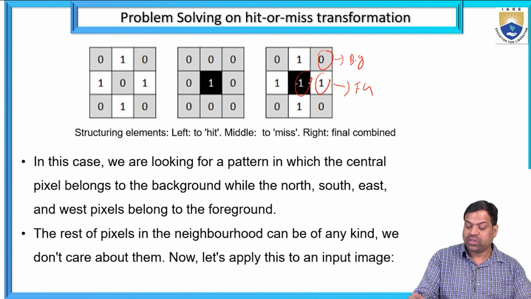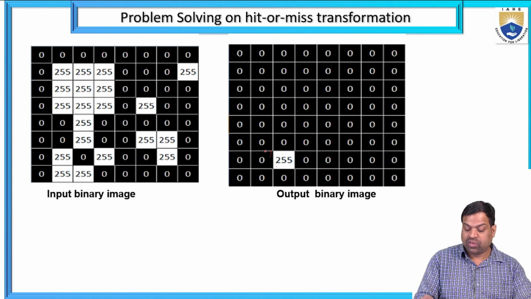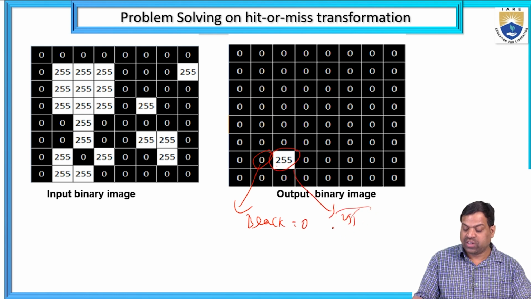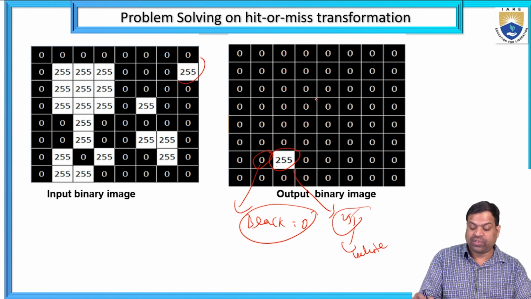When I don't want a pixel, I convert it to 0, which is black. When it is white, the pixel value is 255. So here the majority are 255s.